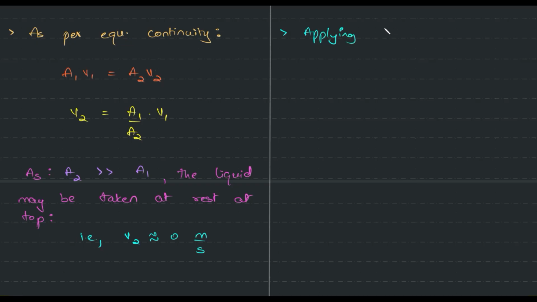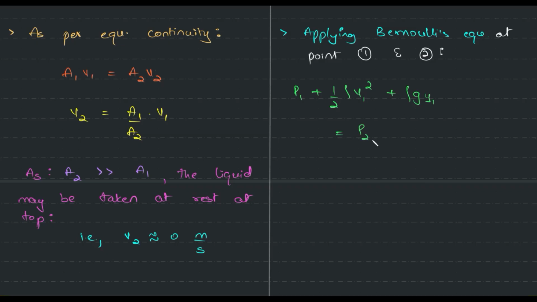That's what I mean. Now let's apply Bernoulli's equation at point 1 and 2. 1 is the small hole, 2 is your top. So P1 plus half rho v1 squared, this is your kinetic energy, plus rho g y1, this is your potential energy.